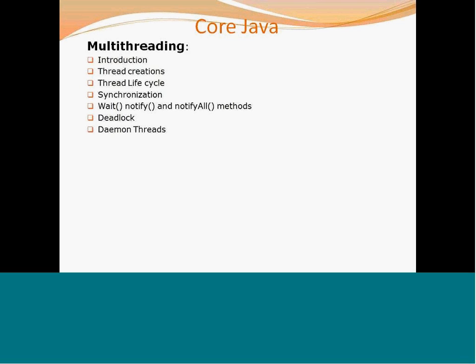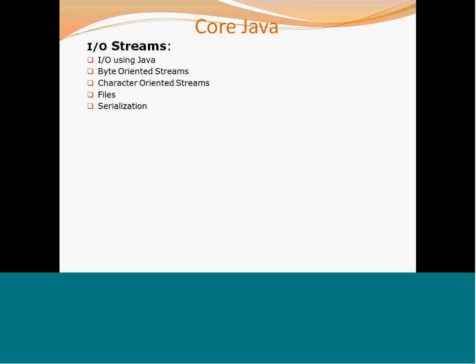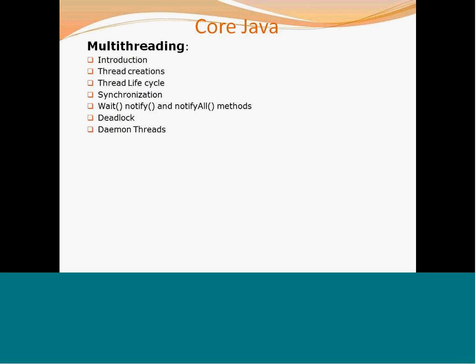Now you have multi-threading. Multi-threading is a very important topic in core Java, because a very big advantage of using Java over other languages like C and C++ is that it allows you to write a program with a multi-threading process.